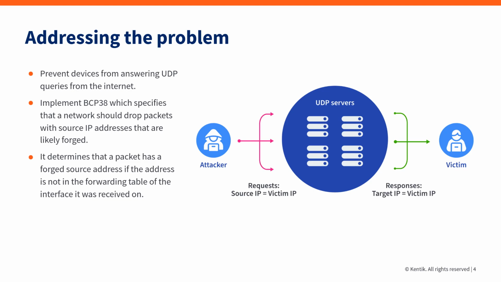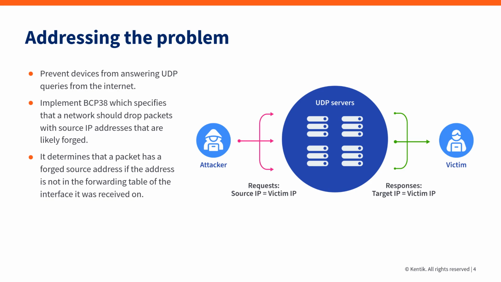The other is implementing BCP 38. That's Best Common Practice 38. This points to an RFC or a couple of RFCs that specify how to identify spoofed traffic so that networks can drop it, so it's not the source of DDoS attacks.